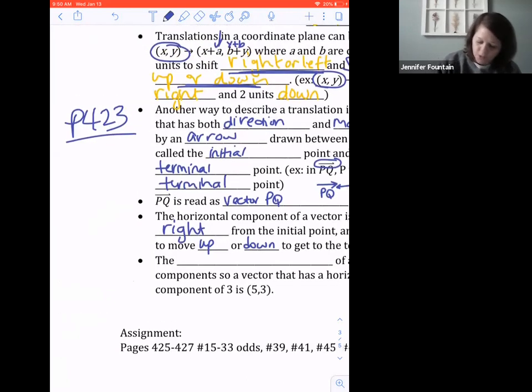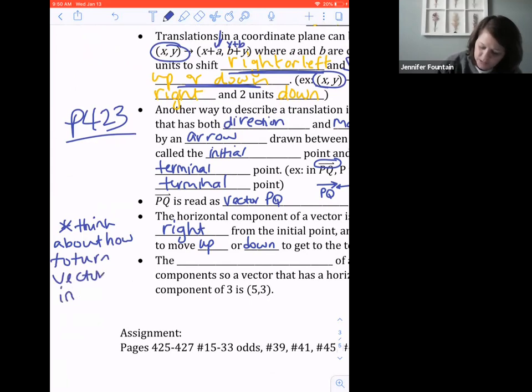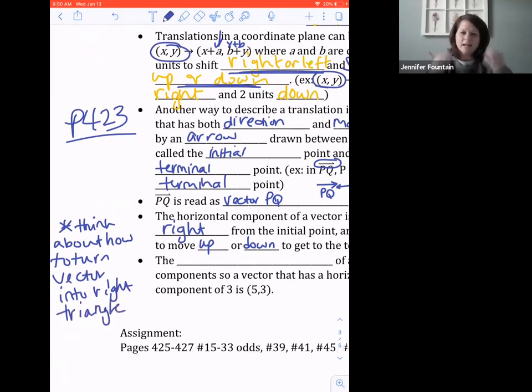So I'm going to make a little note over here that says, think about how to turn the vector into a right triangle. That's the way it kind of helps me remember.